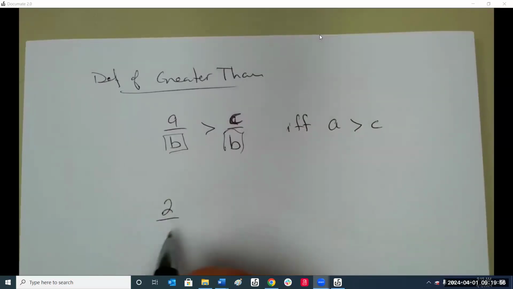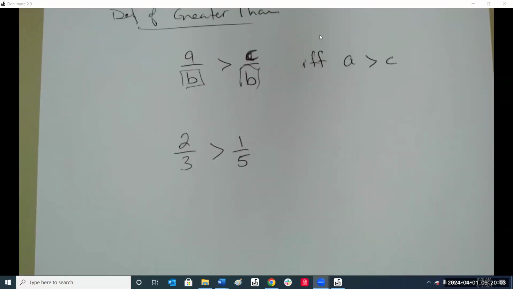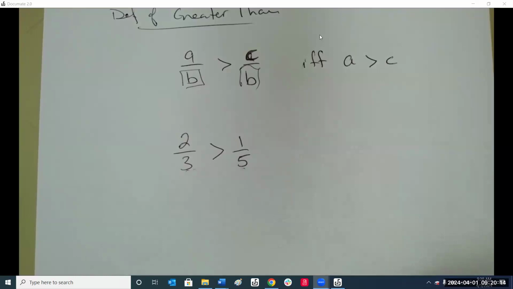So if we had 2 over 3, is it bigger than 1 over 5? Are the bottom numbers the same? How do we make them the same?